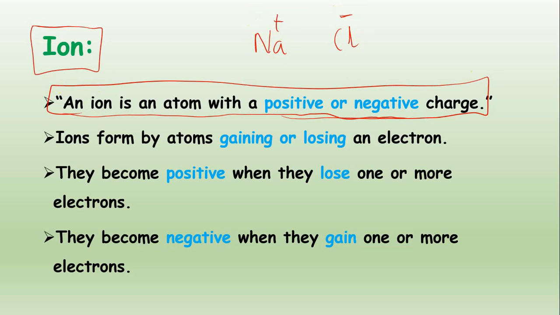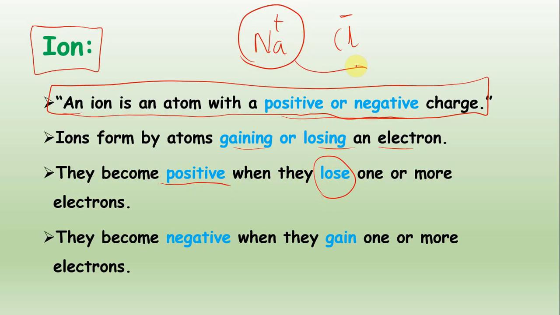Now how do they form, positive or negative? Is there any criterion? Yes, ions form from atoms by gaining or losing electrons. When any atom or element gains or loses electrons, it becomes positive or negative. Let's look at this. They become positive, like sodium, when they lose electrons.